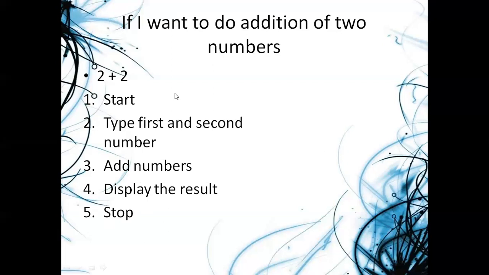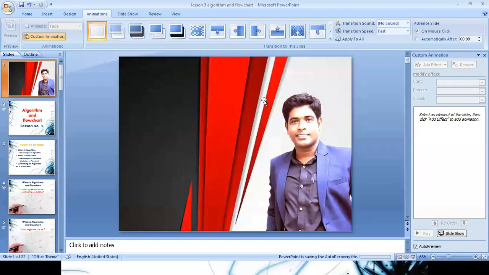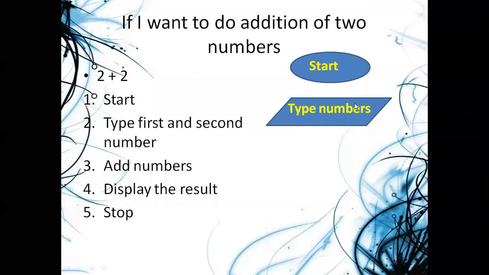Let's understand how we can draw the flowchart with the help of this algorithm. As we know, first we will use this oval shape for the start and end. So this is start, and that we have written as the first step, start. Second one is the input box.